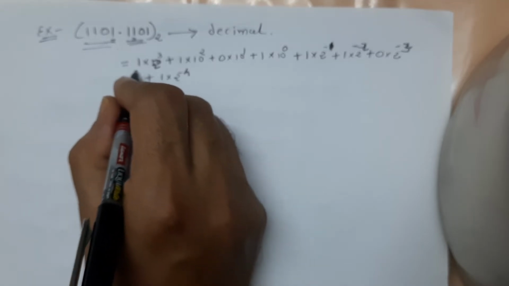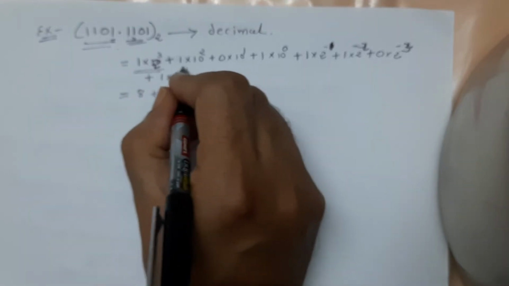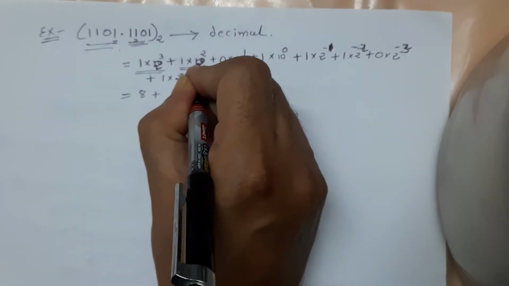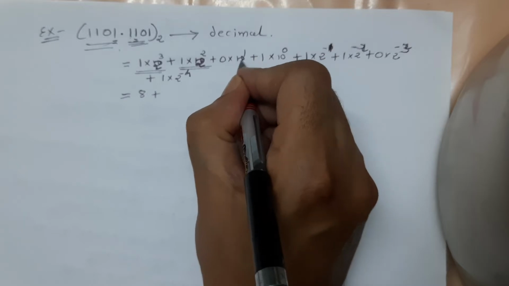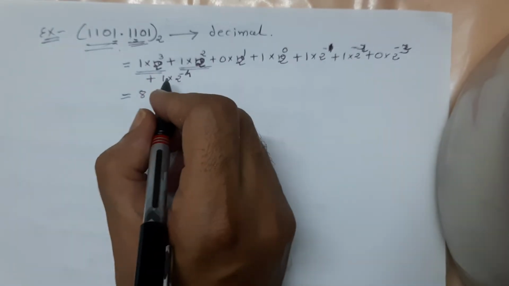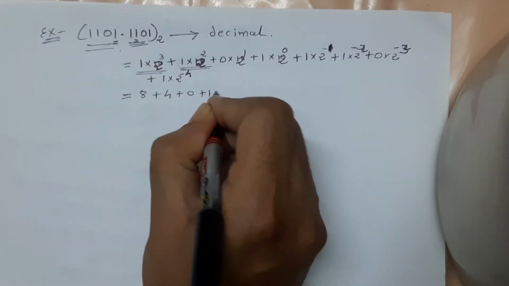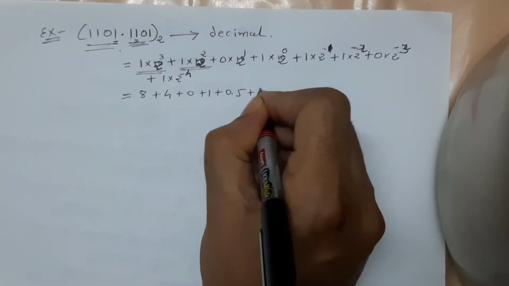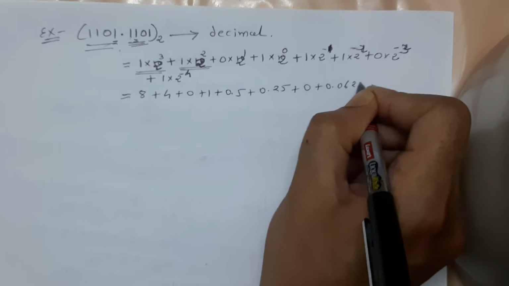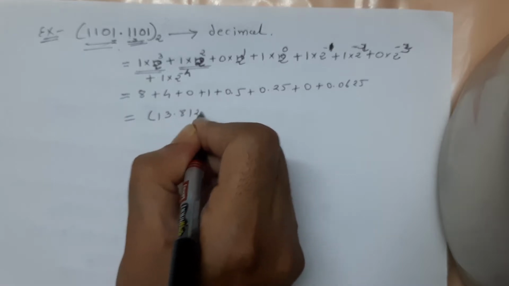So this is equal to 1 into 2 raised to 3, that means 8, plus 4 plus 0 plus 1 plus 0.5 plus 0.25 plus 0 plus 0.0625, and this is equal to 13.8125.